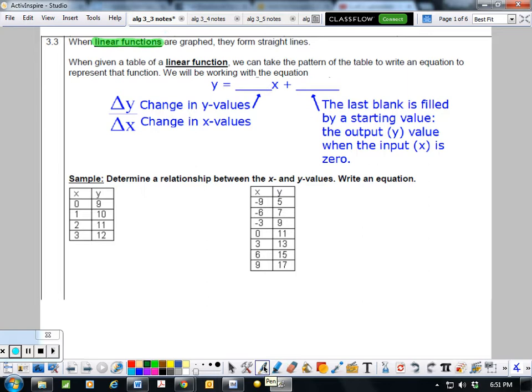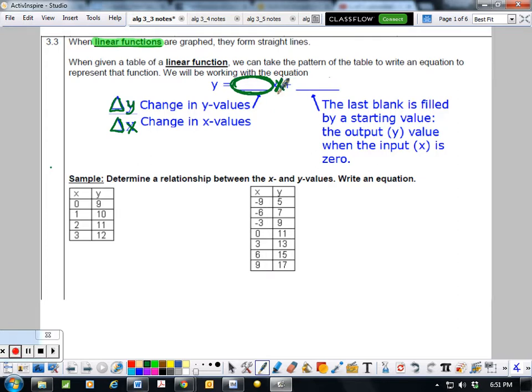And so when we're looking at this, we have something called our rate of change. So this is kind of the rate of change. And so it's looking at how my y values change and how that corresponds to how my x values change. And I'm going to use that to help figure out what number goes in front of x in my equation.